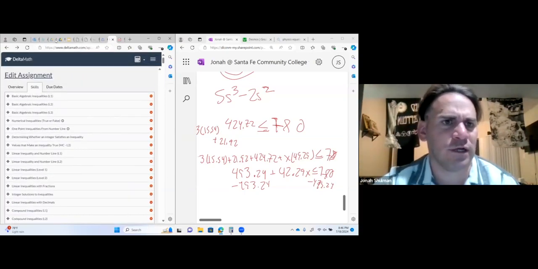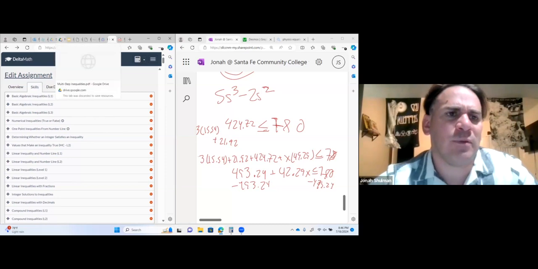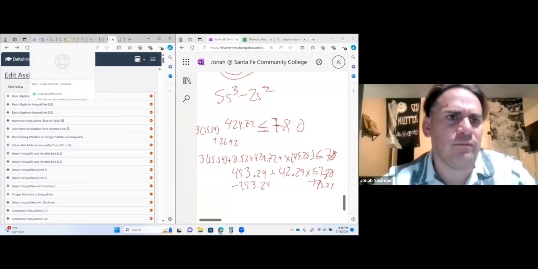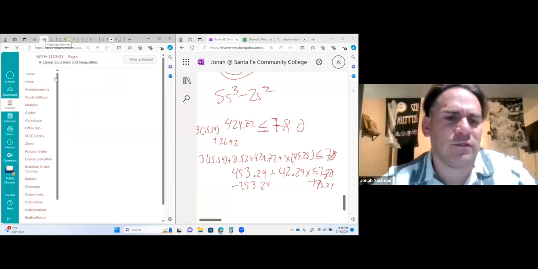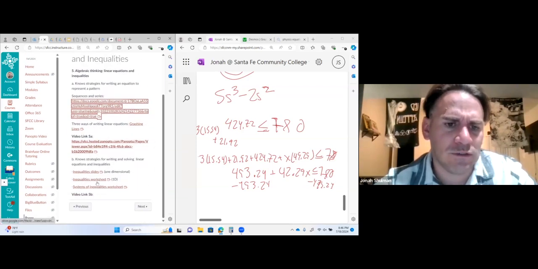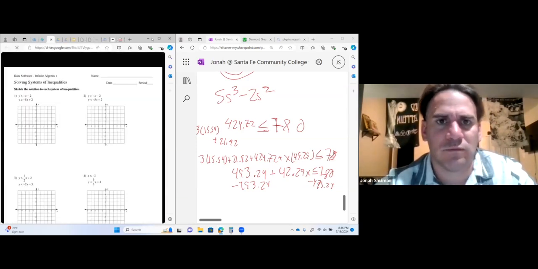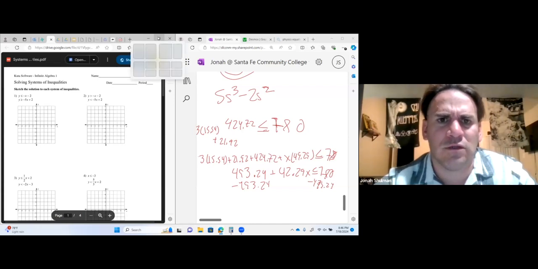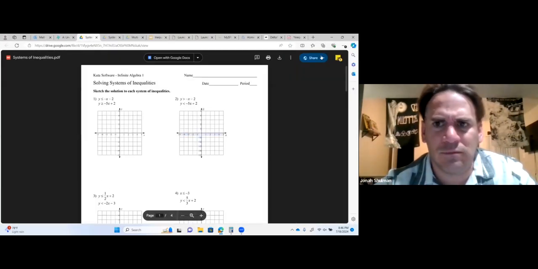Now, that was a lot of work, I know, and I know I should probably stop, but I just want to show you one more thing, because I think this is so helpful, and it's the last one. So I'm going to show you one of these systems of inequalities. I think it's probably one of the most helpful things you can see. All right, so let me download this.